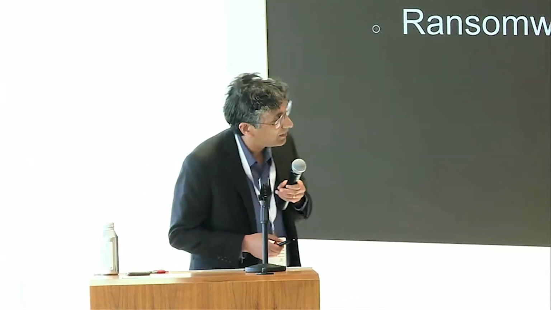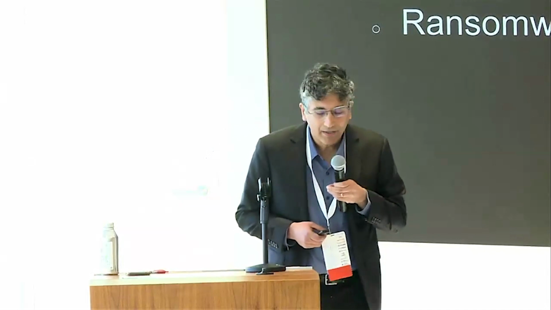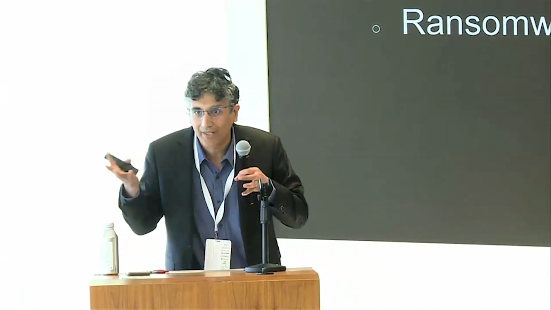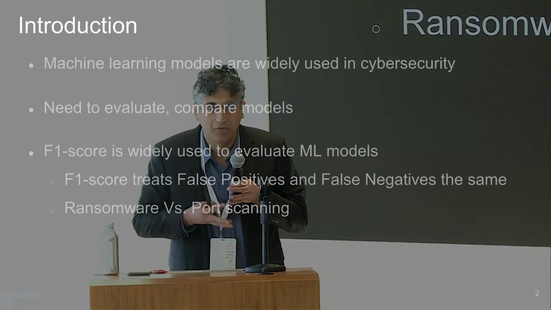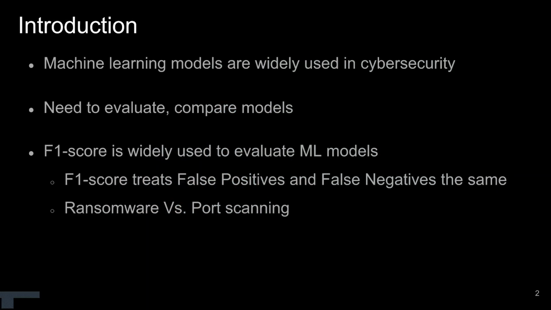Machine learning models are obviously widely used in cybersecurity. That's what this conference is all about. There are applications like intrusion detection, malware detection, phishing site detection, and so forth.